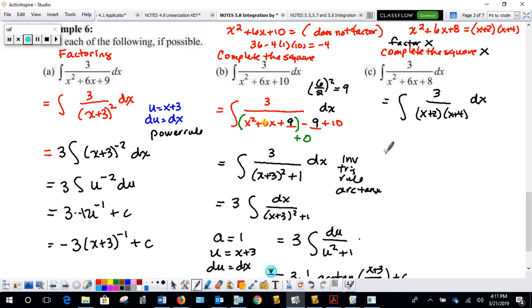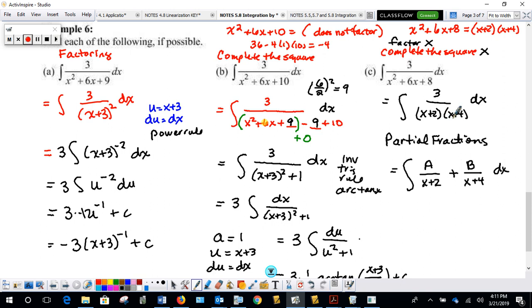There is a technique in the second semester which is called partial fractions. And the idea of partial fractions, we're just going to give you an overview, but we're not going to do it because it's not on our AP, is that this fraction must have been the sum of something over x plus 2 plus something over x plus 4 dx.